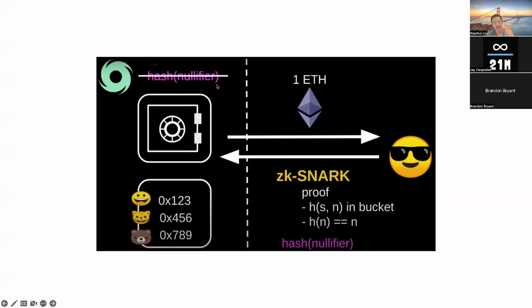You only put the hash out when you're withdrawing. So when you deposit, there's no nullifier in the contract yet. Only when you withdraw, you're crossing this out. So you don't have linking information. And when you withdraw again, it's already crossed, so it's going to fail the check.